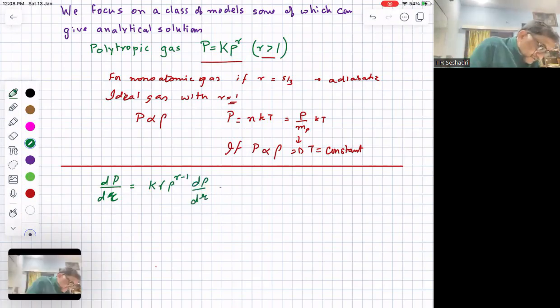And this is equal to minus G m of r rho of r by r square.